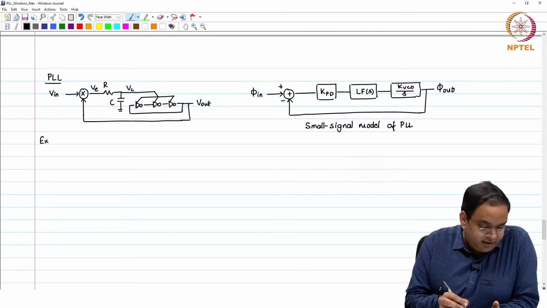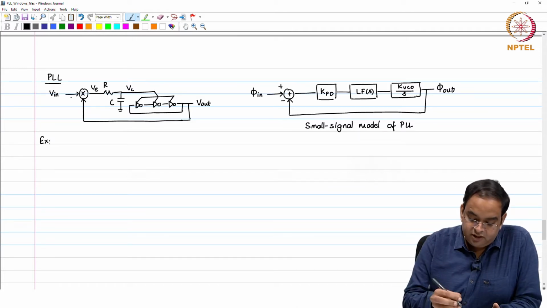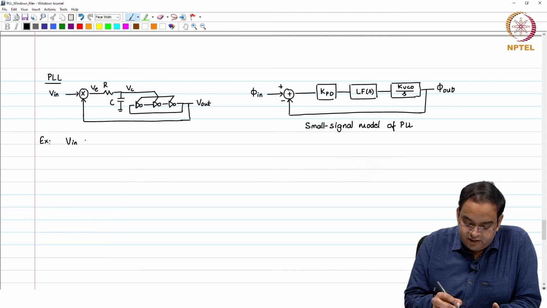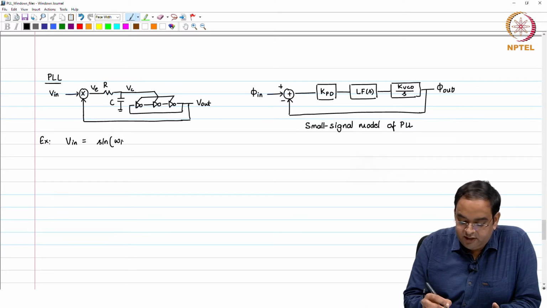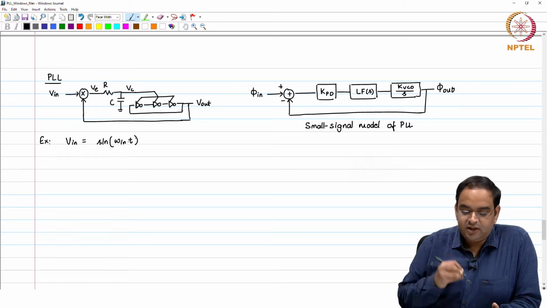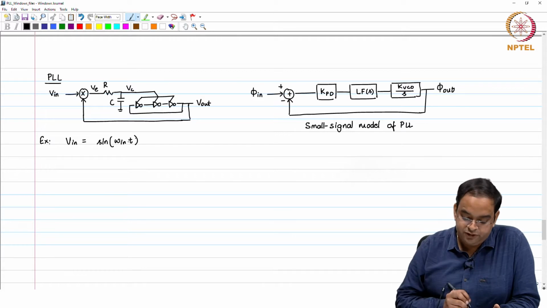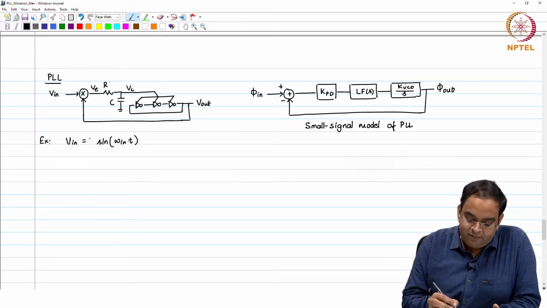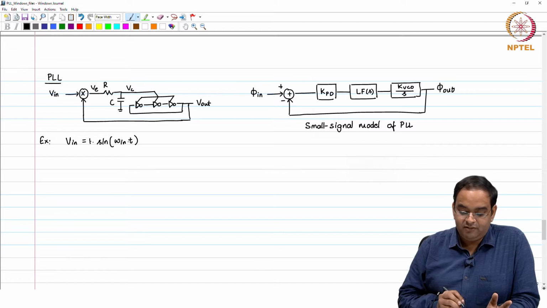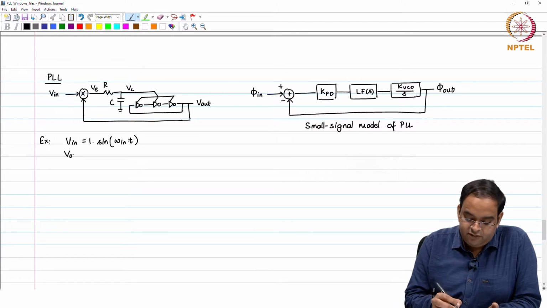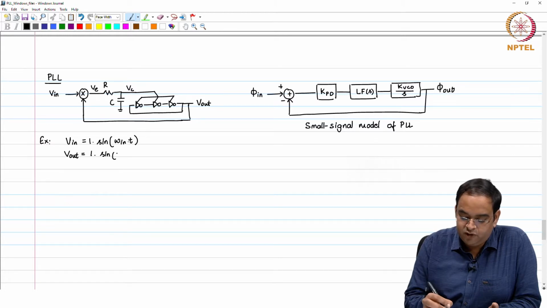So, let us say in our example, V in is sine of omega in times t. Initially, in this example, we will treat the phase offset as equal to 0, and the amplitude also as 1, just to simplify our calculation. And V out is 1 times sine of omega out t.